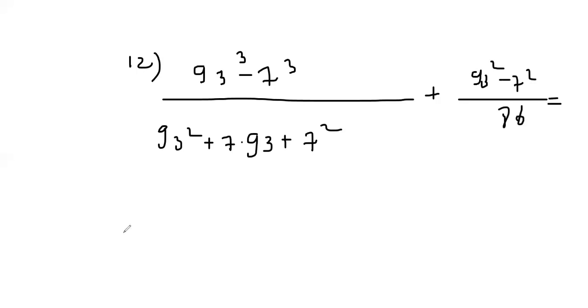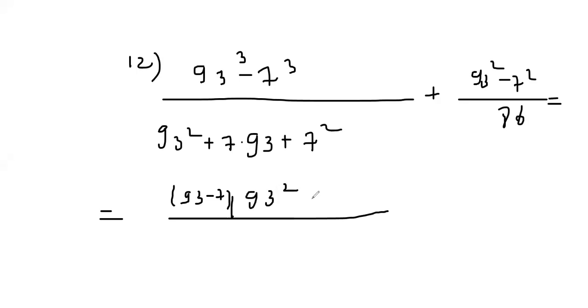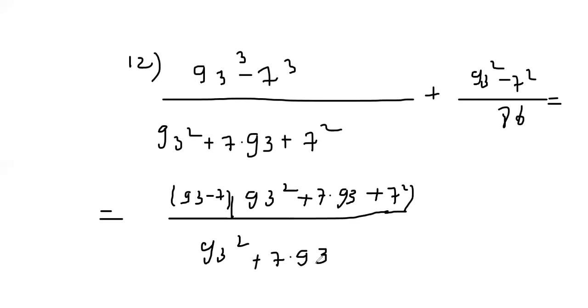So a cubed minus b cubed is 93 minus 7 times, actually, we are going to get the expression exactly which is in the denominator. We call it the half square, so it's going to be 93 squared. It's sometimes called the incomplete square.